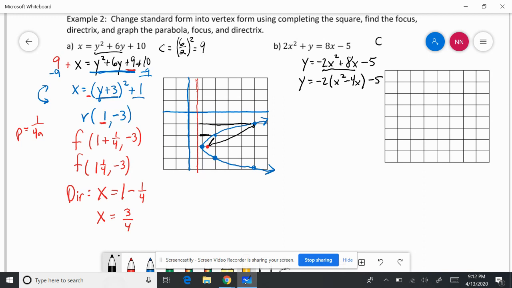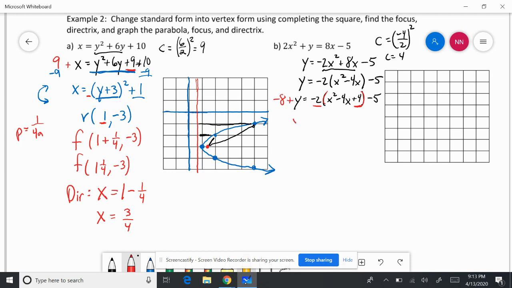Then I'm going to find my new c value. So I have y equals -2, x squared minus 4x plus 4 is 5. And remember, since I added a 4 on this side, but it's in parentheses, that would be a -8.